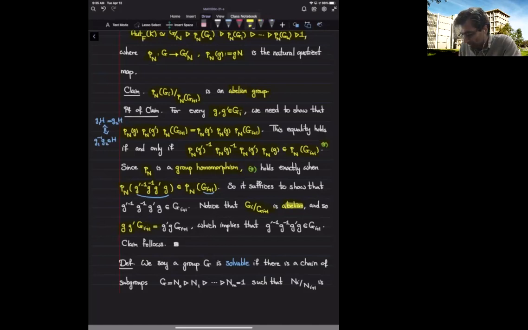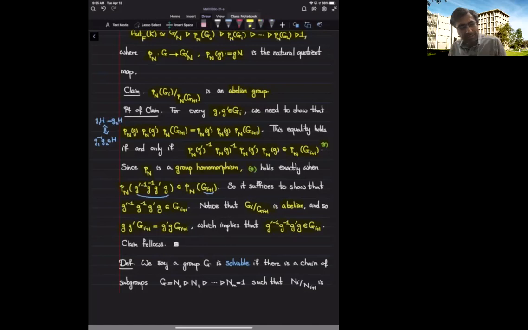Because this quotient is abelian, we do know that we have this equality from which I can deduce the desired claim. So this element, G prime inverse times G inverse times G prime times G, does belong to the subgroup capital G sub i plus 1. And that's exactly what we wanted to show. And that completes the proof of this claim.